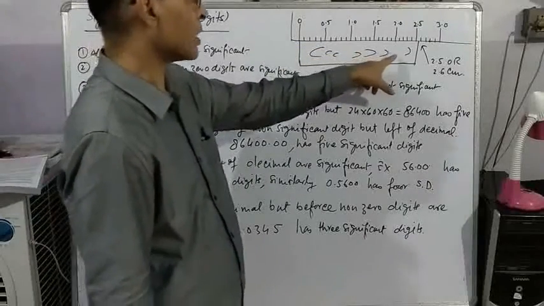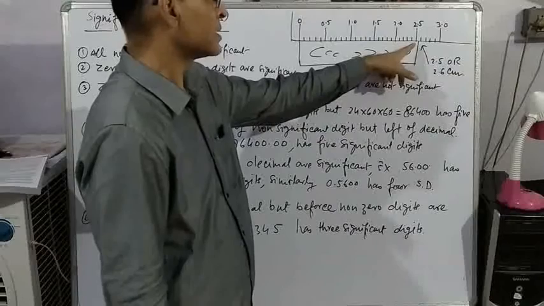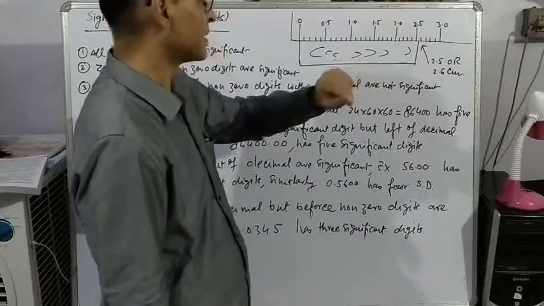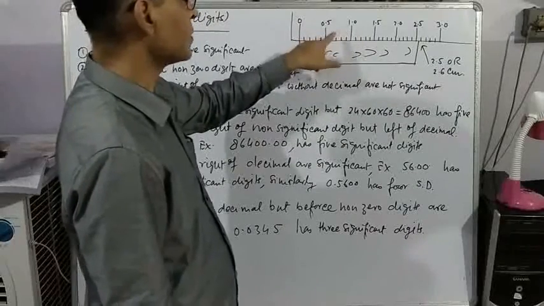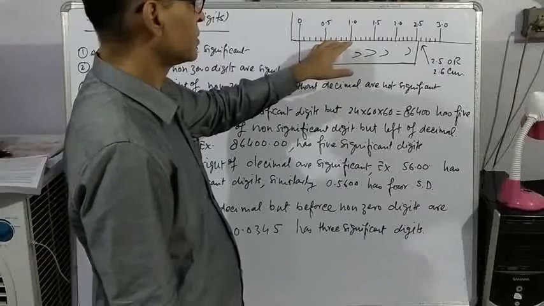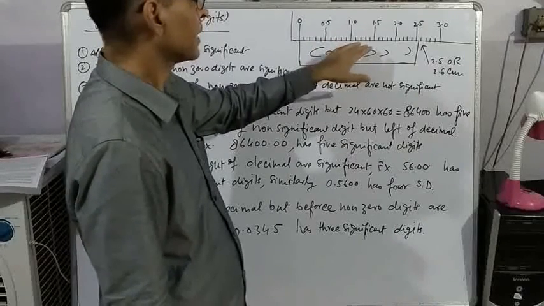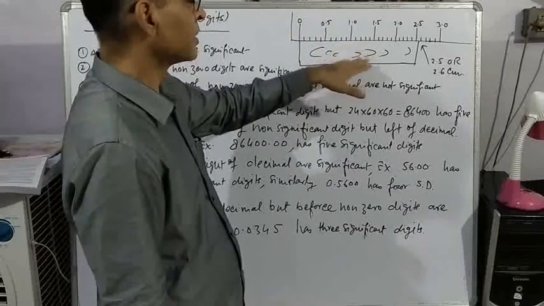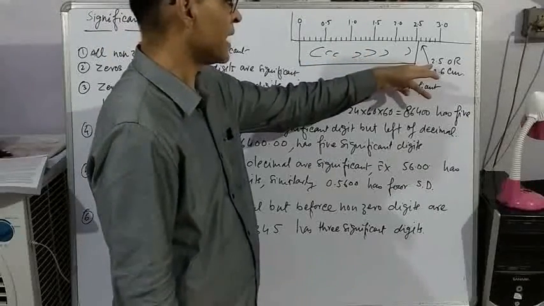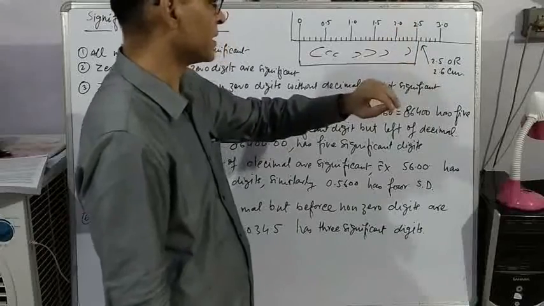See the length of the block. The length is lying between 2.5 centimeter and 2.6 centimeter. As the least count of the scale is up to 1 decimal place, you cannot write this measurement in more than 1 decimal place. So either you write 2.5 centimeter or 2.6 centimeter.